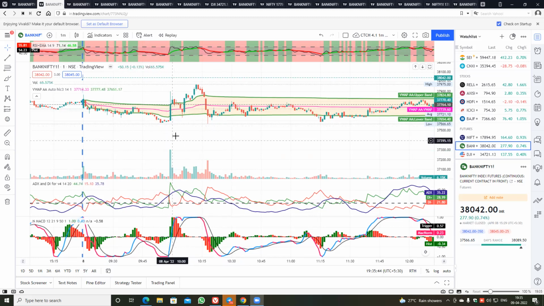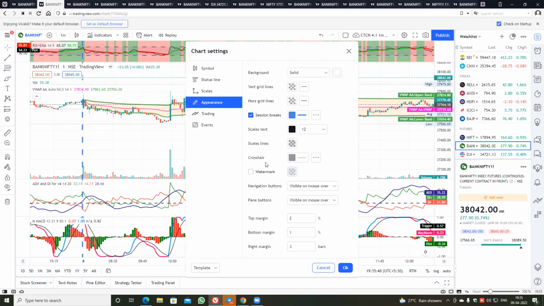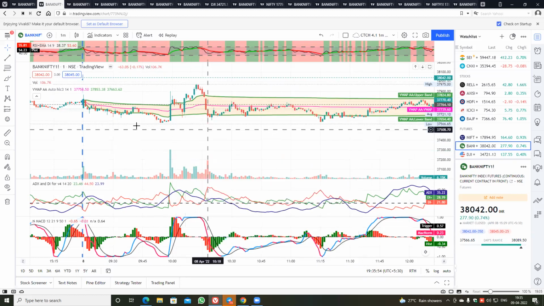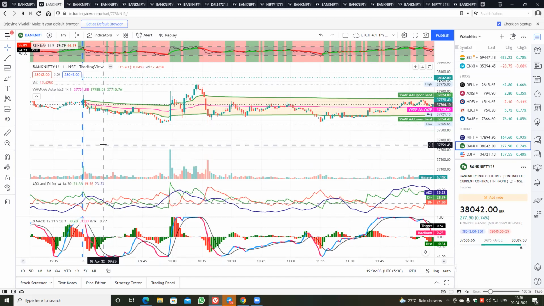Let me make this bigger. I will show you how to make the crosshair bigger; here you can make the crosshair bigger. Okay, here we have actually 5 indicators, including volume. Most of the indicators come in different categories.